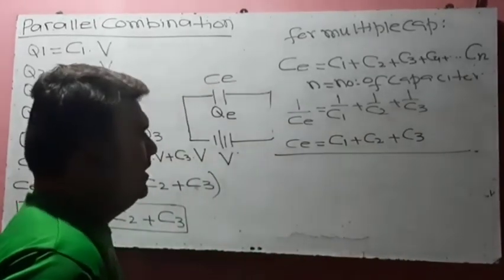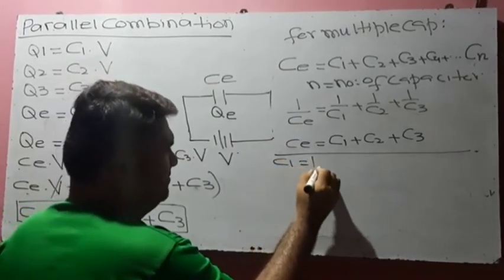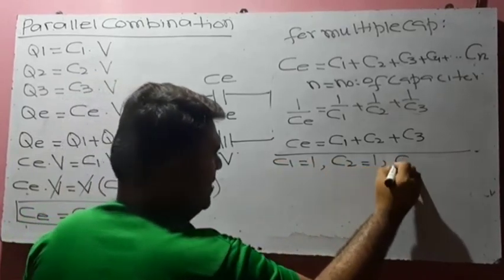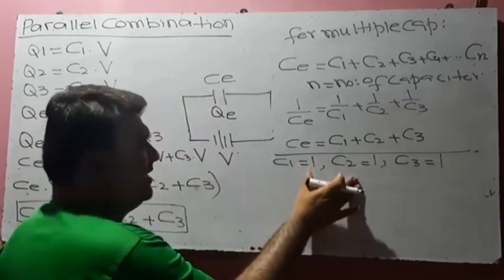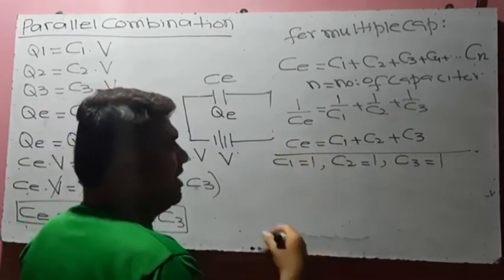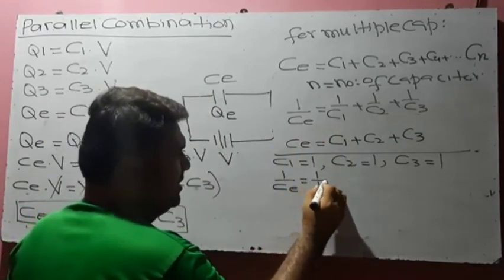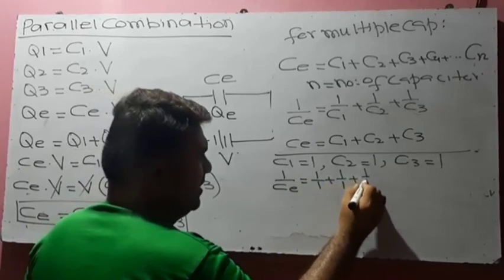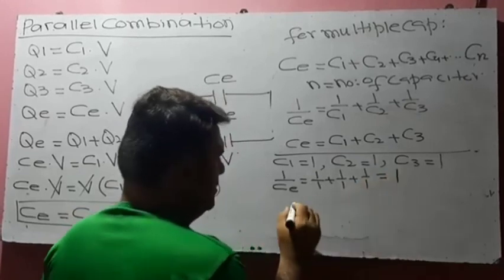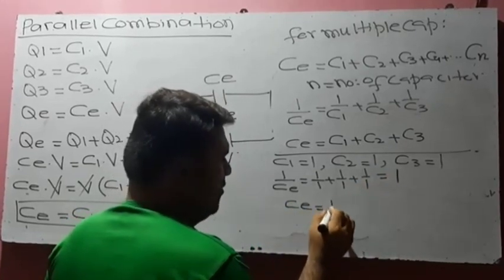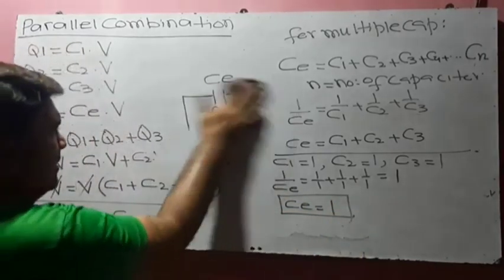Suppose we have 3 capacitors. C1 is equal to 1, C2 is equal to 1, and C3 is equal to 1. If these capacitors are connected in the series combination, then what will be the capacitance? So the 1 upon CE is equal to 1 upon 1 plus 1 upon 1 plus 1 upon 1, which is equal to 3. So the CE is equal to 1 upon 3. Okay.